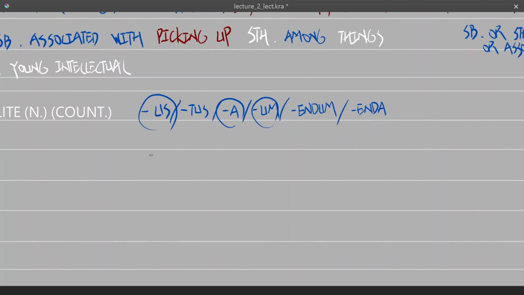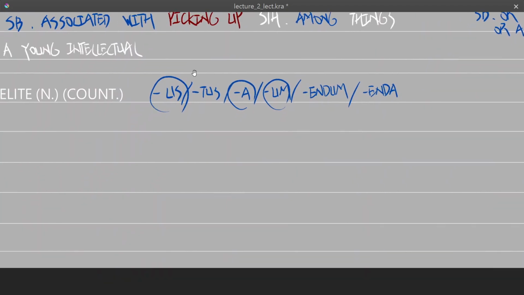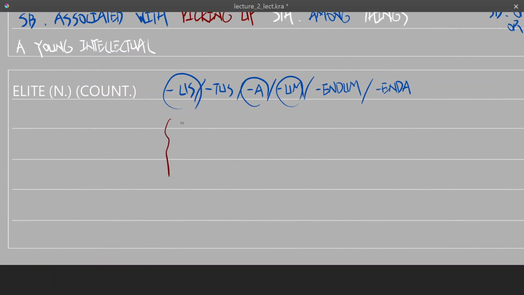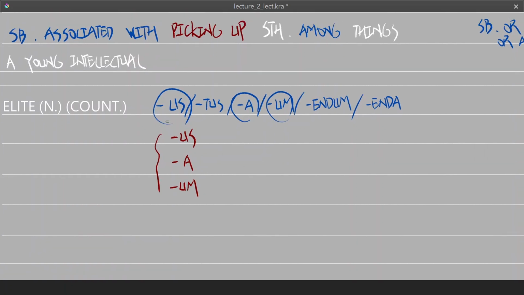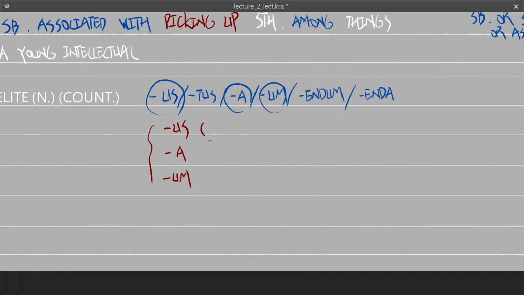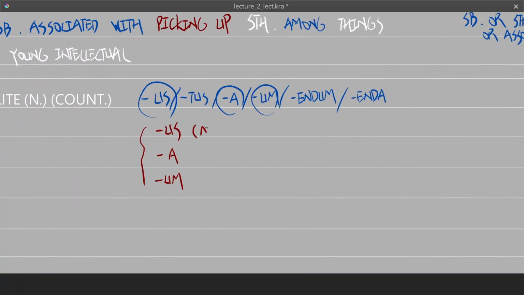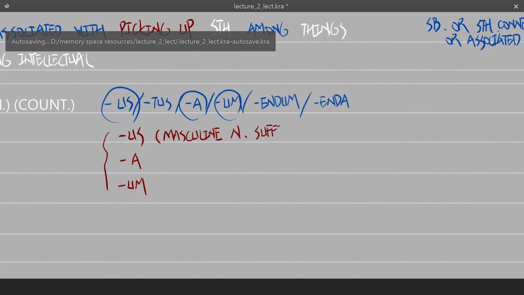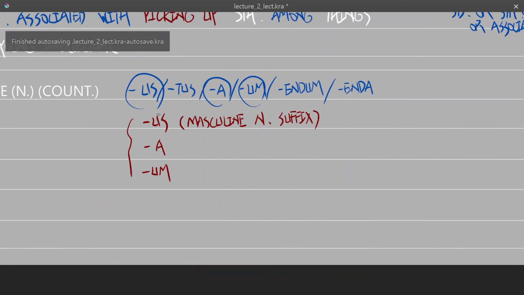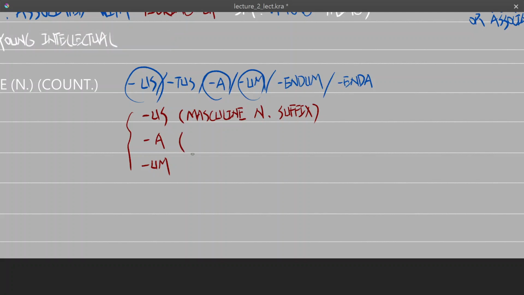So we change the color. We have the suffix us, suffix a, suffix um. They all have the same meaning, just different forms. This one in Latin is the masculine noun suffix. It's just different gender, but they basically mean the same.